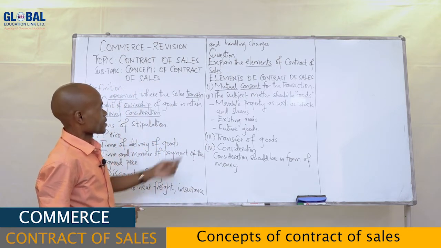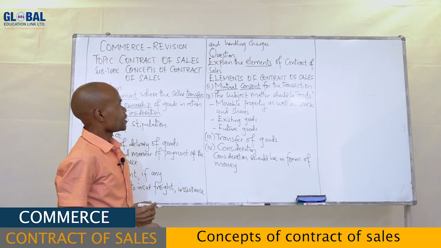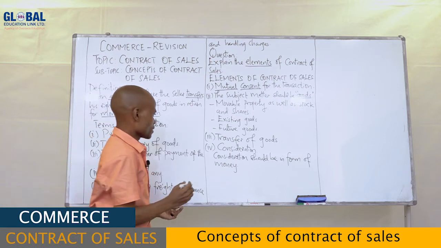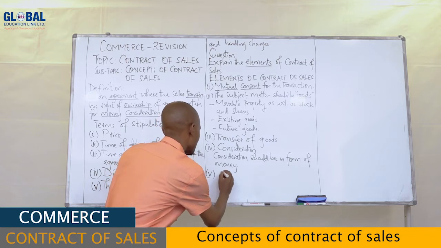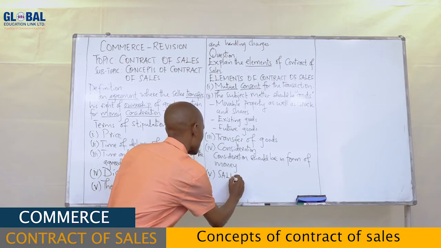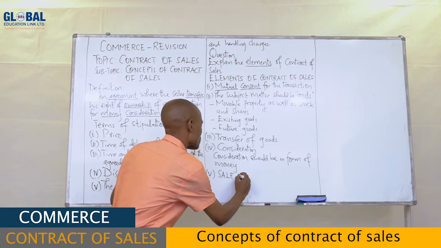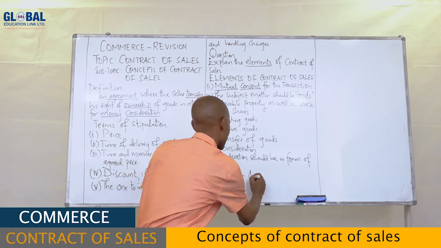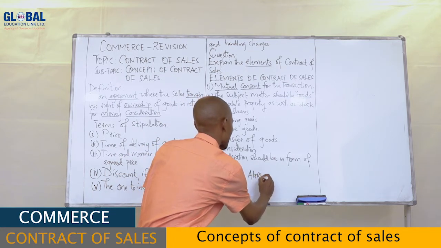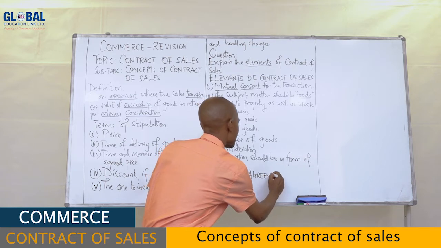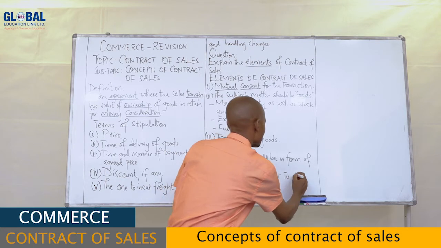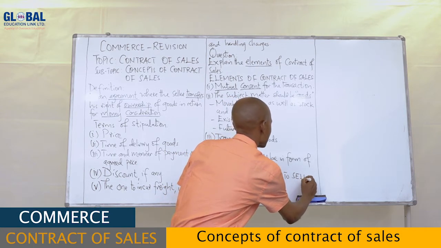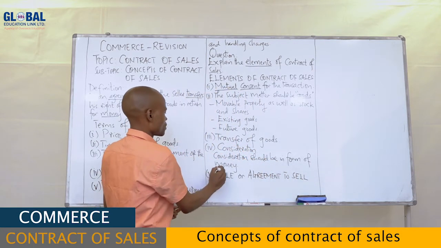And another thing about the elements of contract of sales is about the so-called sale or agreement to sell.